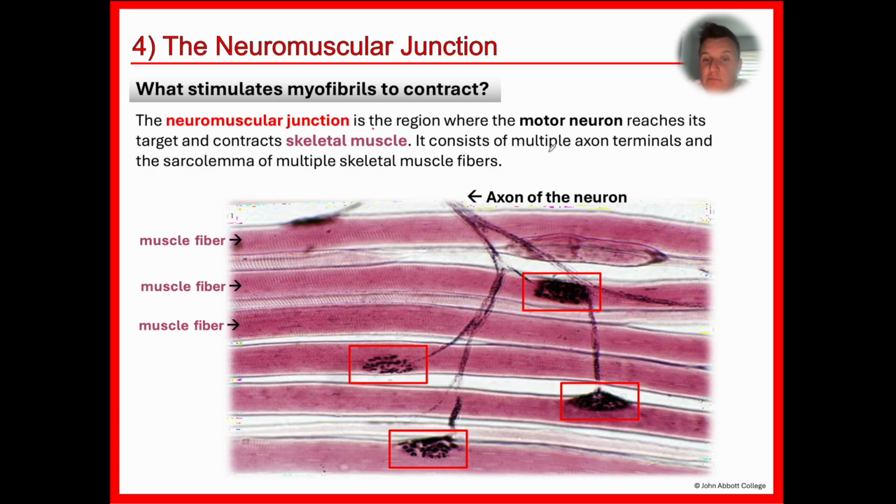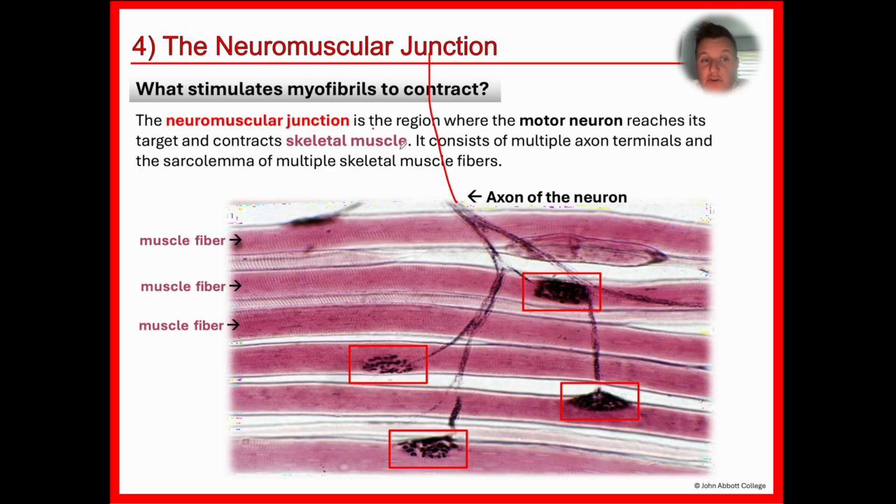It consists of multiple axon terminals. So this axon here is the branch of the neuron, and it splits into many terminals, right? This neuron that came up from the spinal cord, from the brain, it's coming down and then it splits. So there are many axon terminals of the nerve, right?